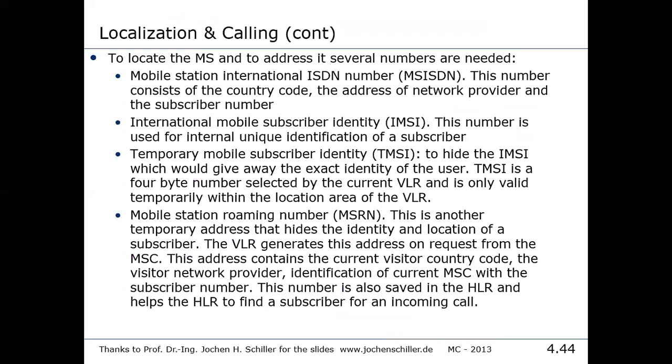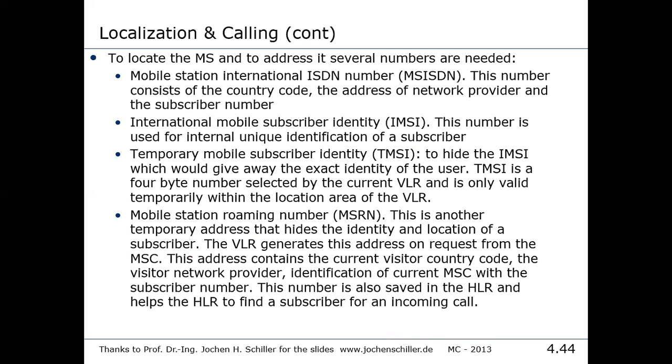So how do we locate an MS and address it? We need several numbers. MSISDN, Mobile Station International ISDN number, consists of the country code, address of the network provider, and the subscriber number. Then we have the IMSI, International Mobile Subscriber Identity.